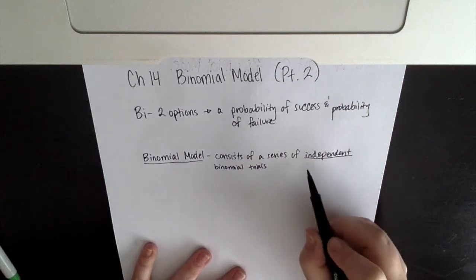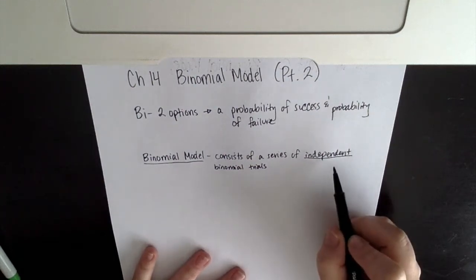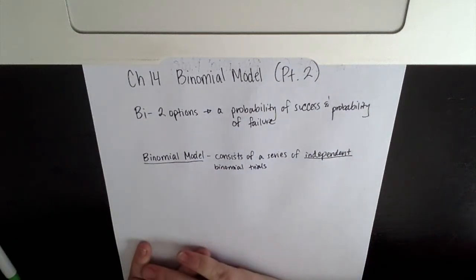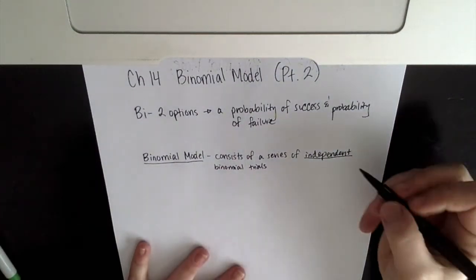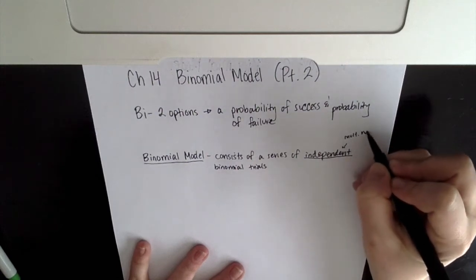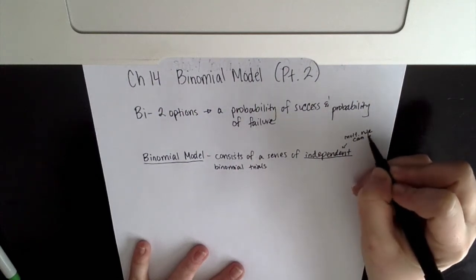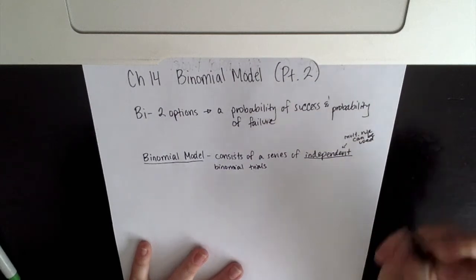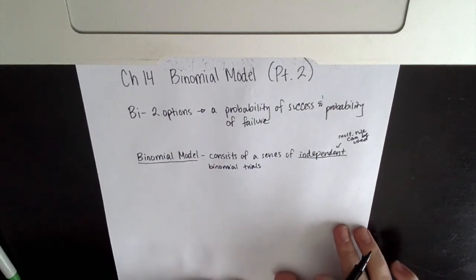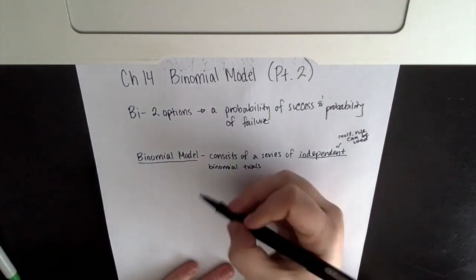Okay? So independent means that for any of these values that we see, we can actually use the multiplication rule. So we need to keep that in mind. This signifies the multiplication rule can be used. So it consists of a series of independent binomial trials.